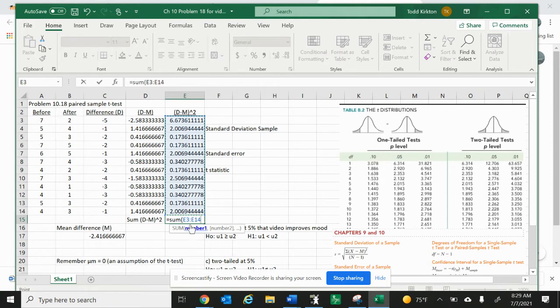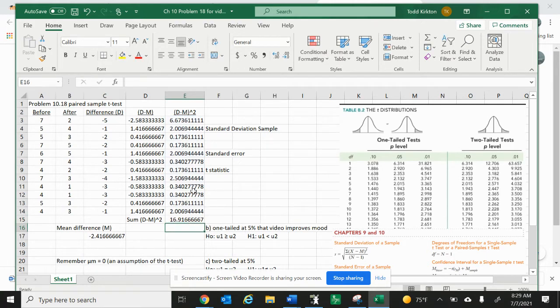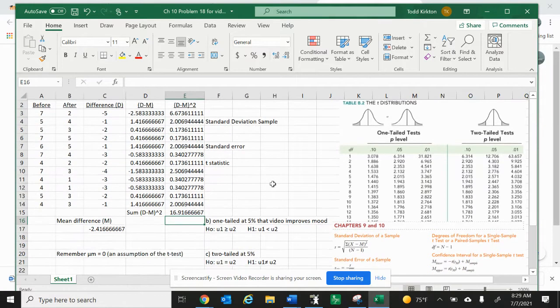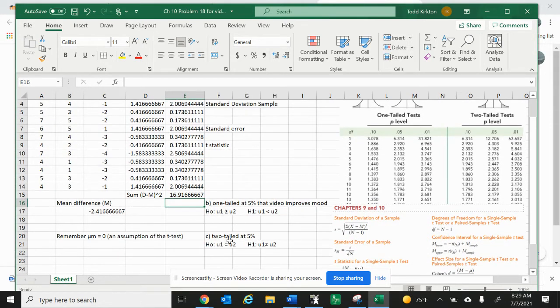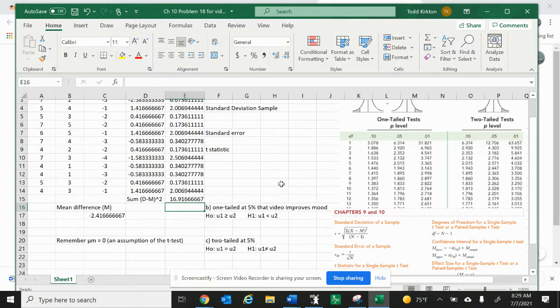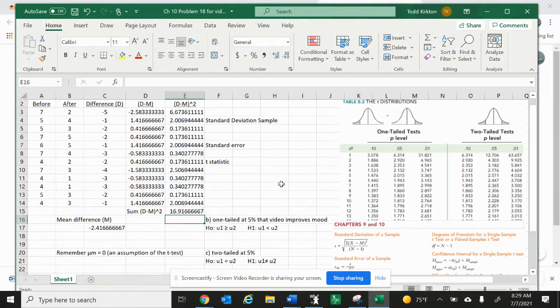You can either enter E3 colon E14 or just drag it down. When I add up all those squares, like I'm finding standard deviation, that's what I get. Okay, so we're going to do this problem. We're not going to go through all the steps of the test, but we're going to do the t-value and make a decision for a one-tailed and a two-tailed test.